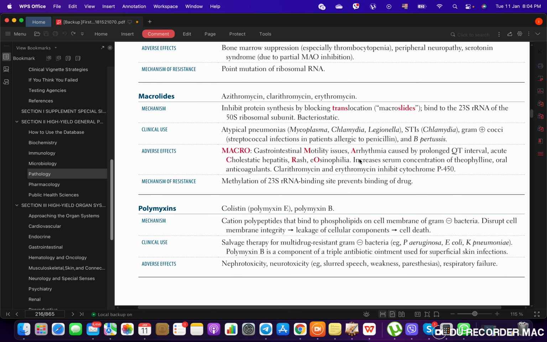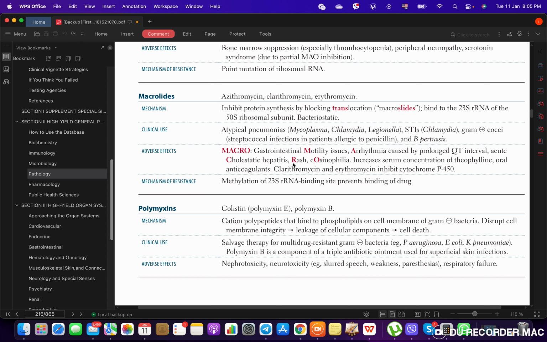Gastrointestinal motility issues, arrhythmias leading to prolonged QT interval. Oh yeah, people who did cardiology with me. Do you remember what a long QT interval can lead to? Torsades de pointes. It will start to come together now. Each system you finish, the more it comes together.